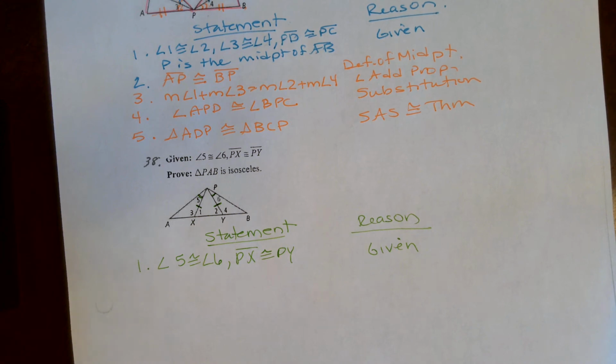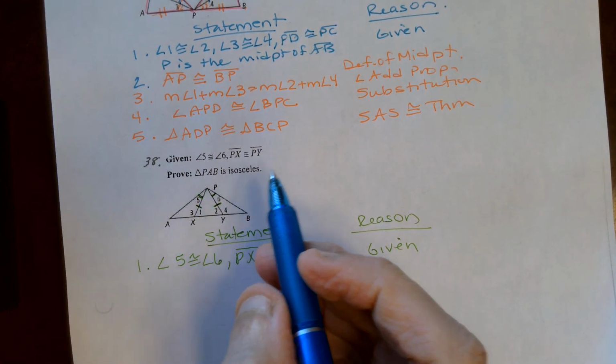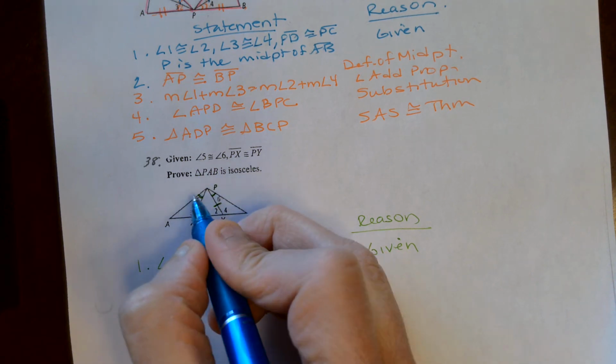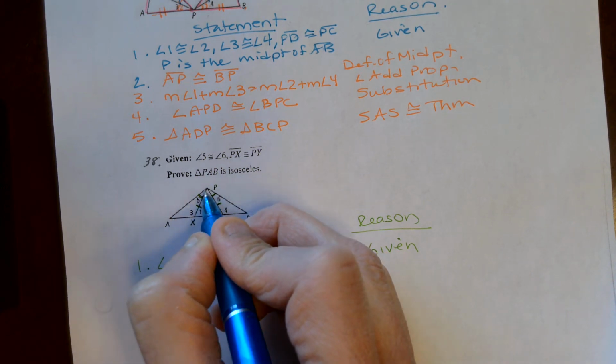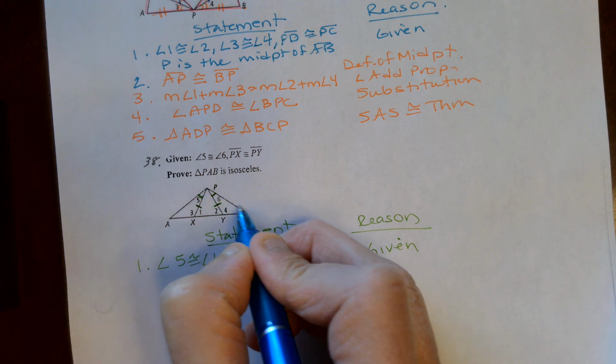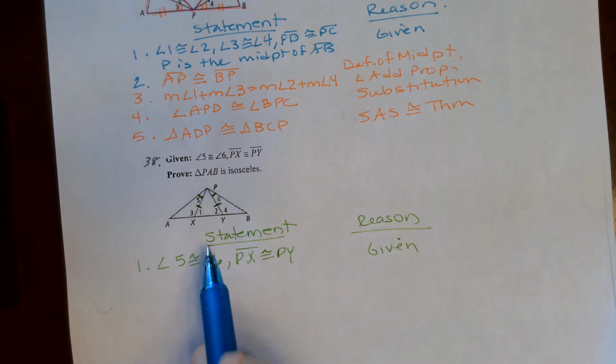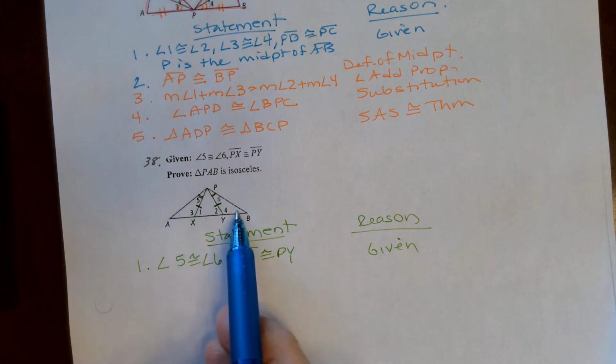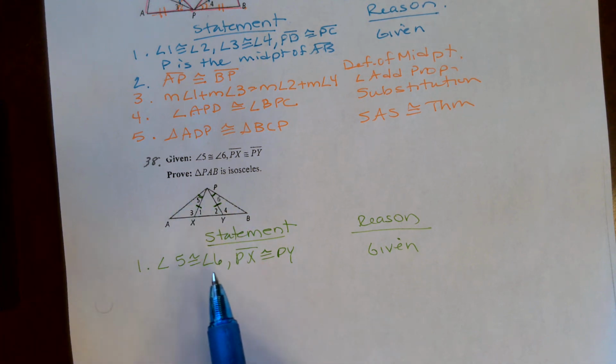Okay, well, I'm going to guess the clue here is to somehow work to get these little triangles congruent on the outside, because once we can say the two triangles are congruent, I can certainly then go ahead and say the parts of them are, right? But I still don't have enough.